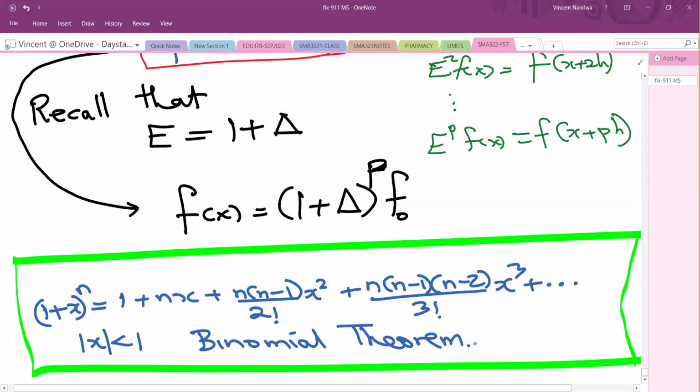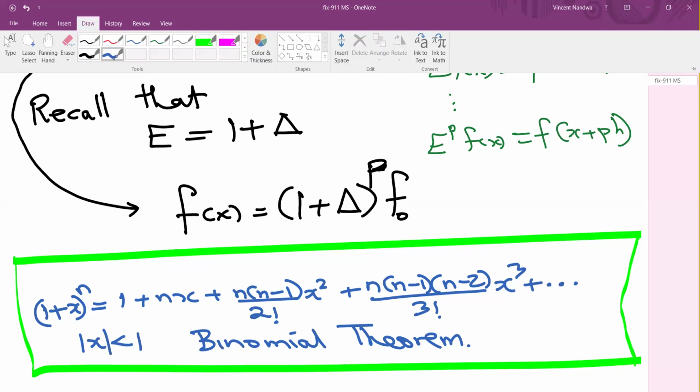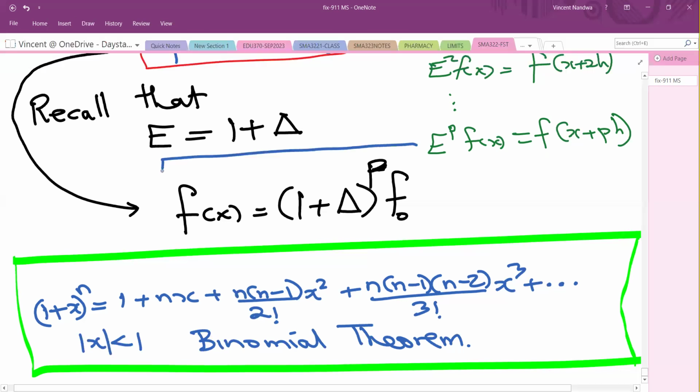So we will make use of the binomial theorem on the right-hand side of this equation.